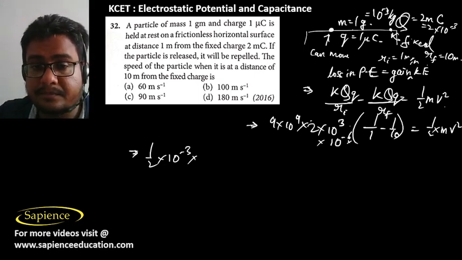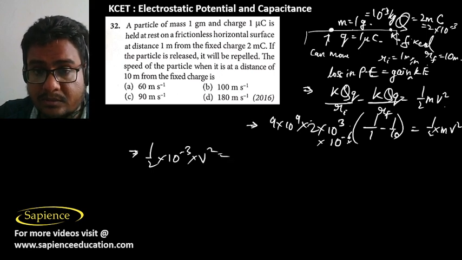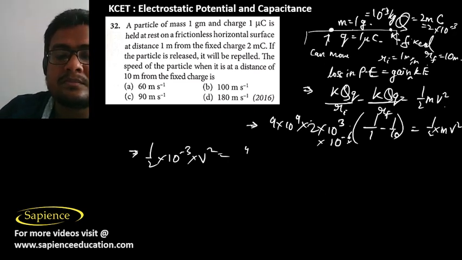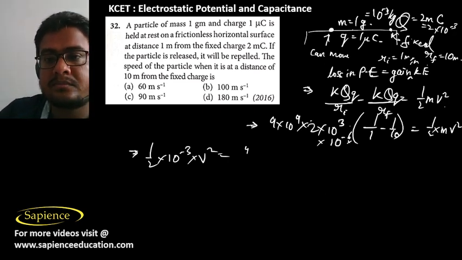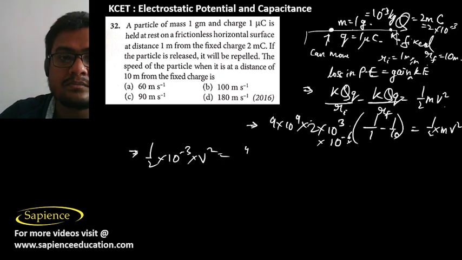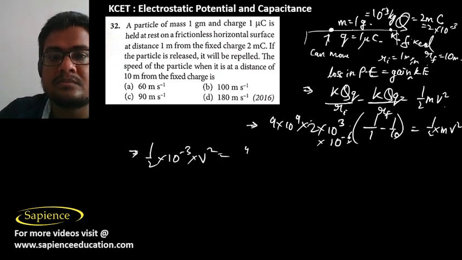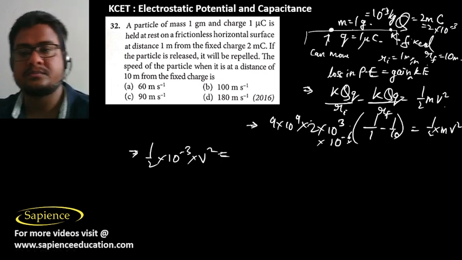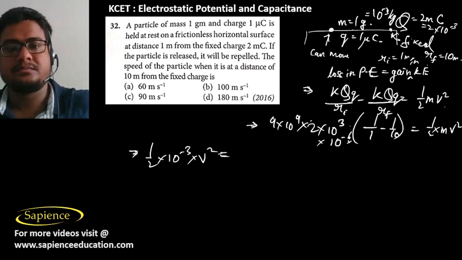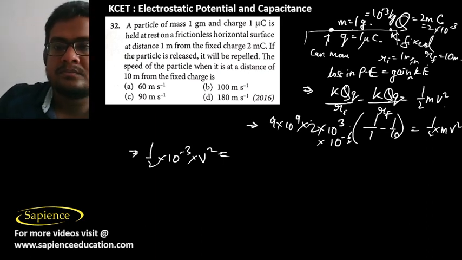Half M into V square will be equal to KQq times (1 by R initial minus 1 by 10).